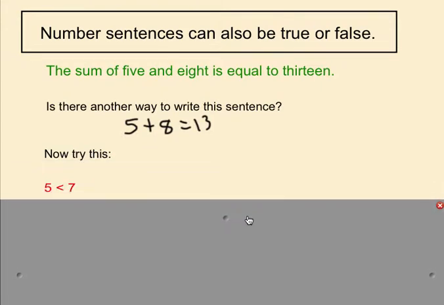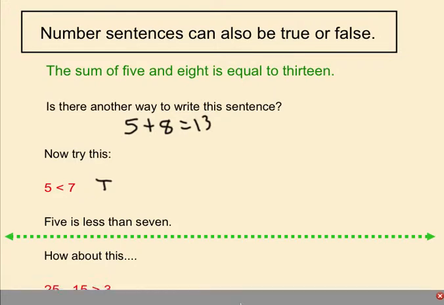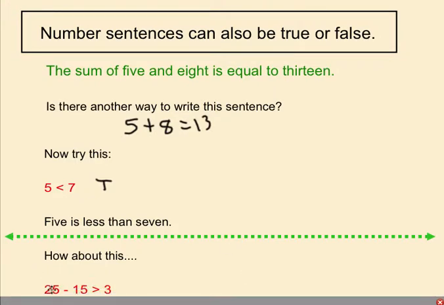Let's try another one. 5 is less than 7. That little symbol's coming back, and we're going to review that in a second. That's true. How about another one? The quantity 25 minus 15 is greater than 3.